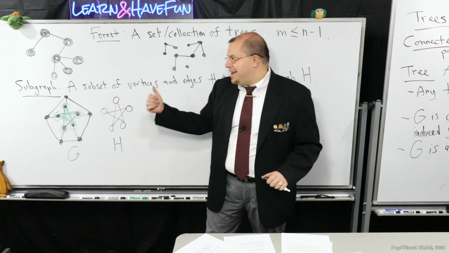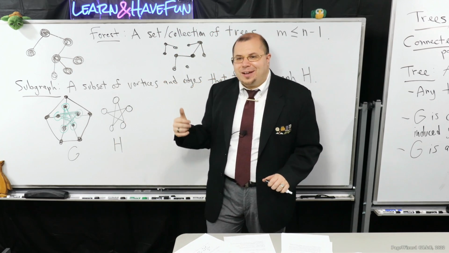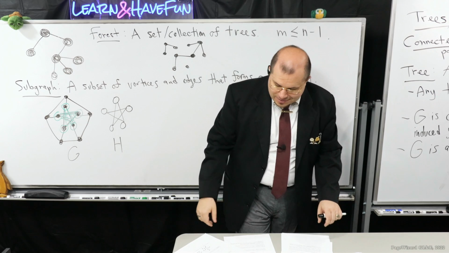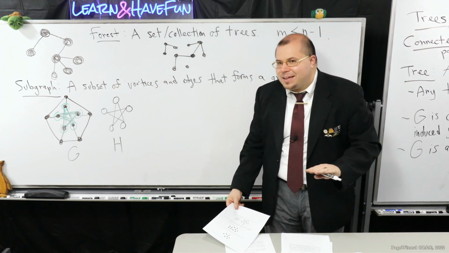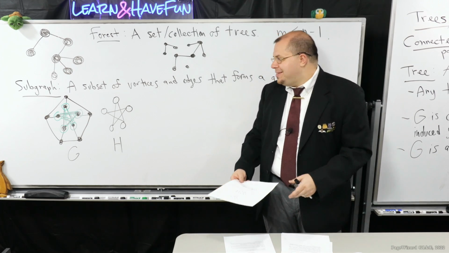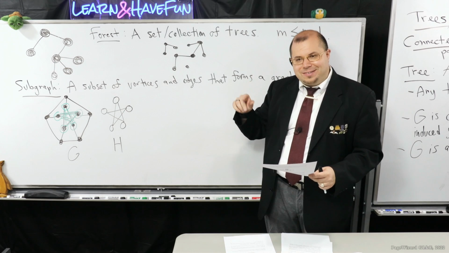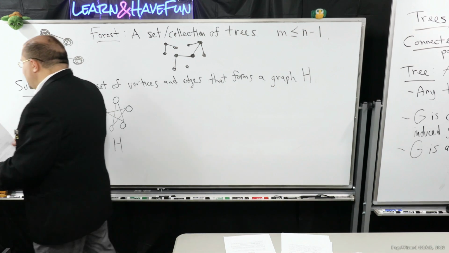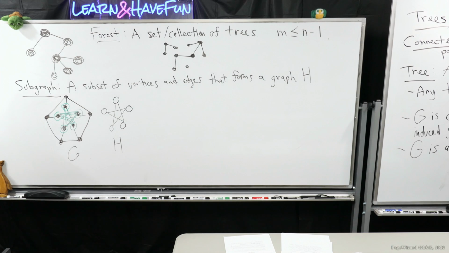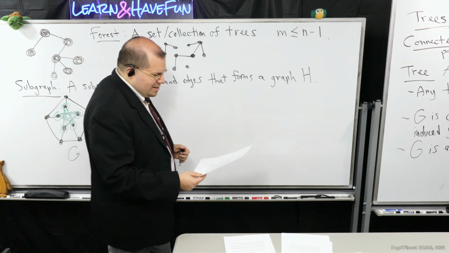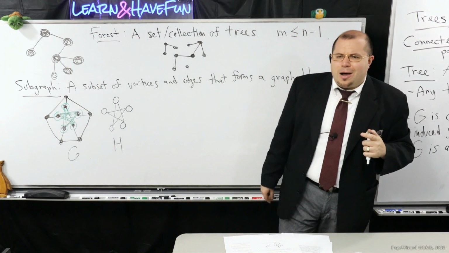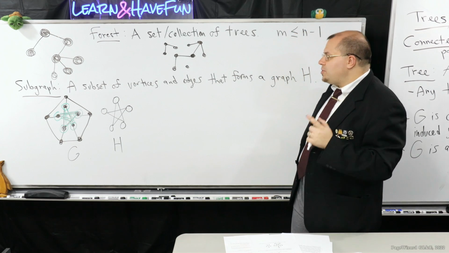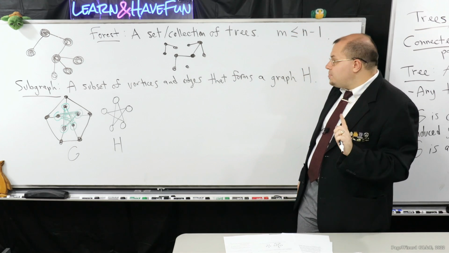That's why when I say it forms a graph is very important. You can't just take any subset of these edges without including the vertices that are necessary to have those edges. One remark I can make is that some people talk about the notion of an induced subgraph.